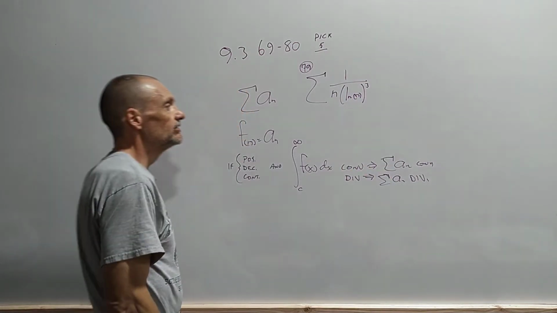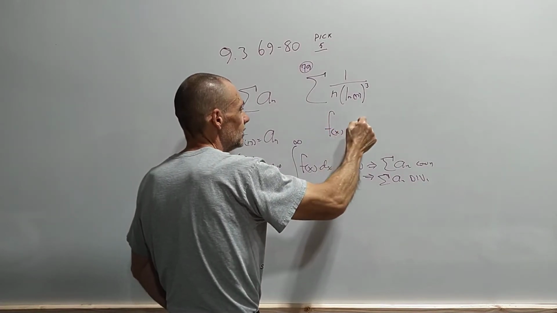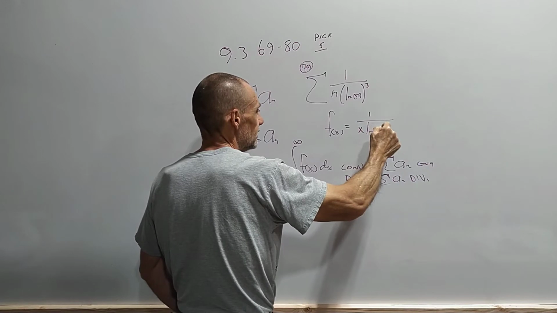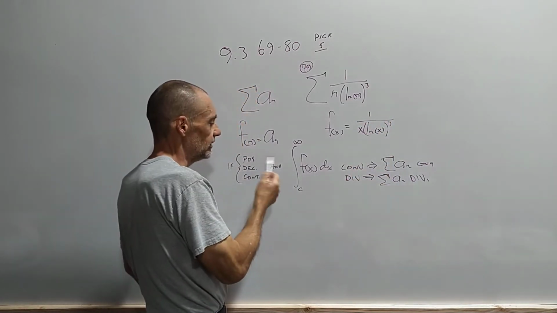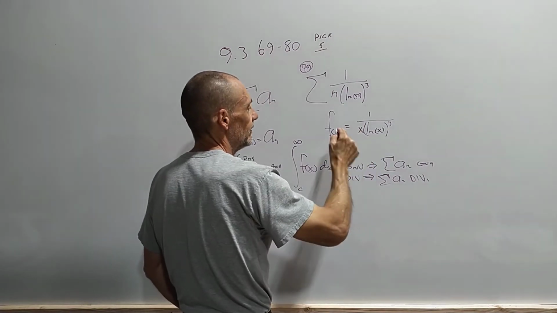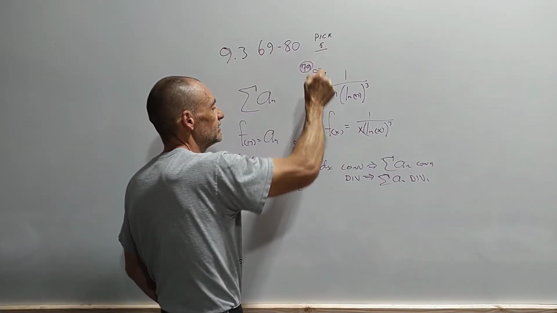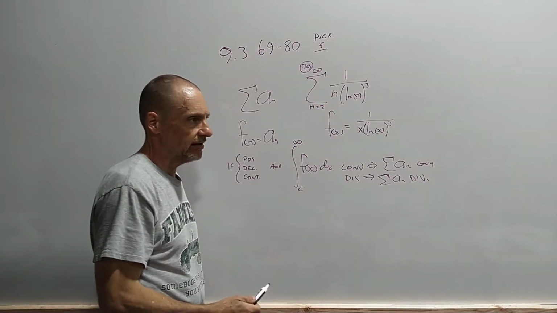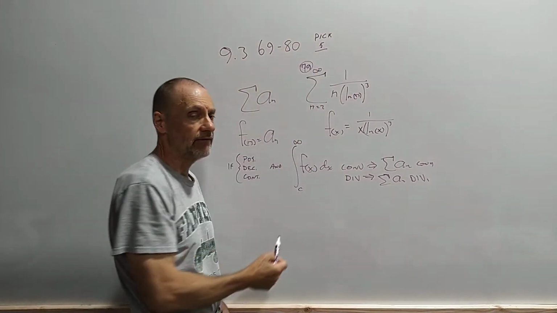So the function that we would use would be 1 over x log x cubed. Oh, and this thing starts here at 2, okay? And it doesn't matter where the series starts. The first finite number of terms don't affect the convergence or divergence of the series. It's just the end behavior.